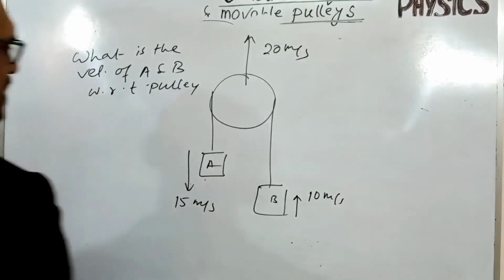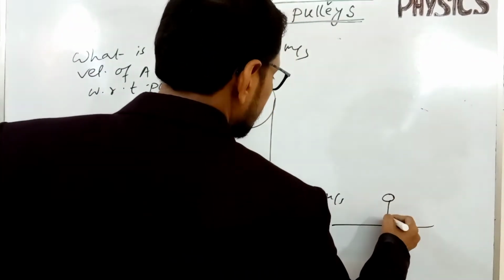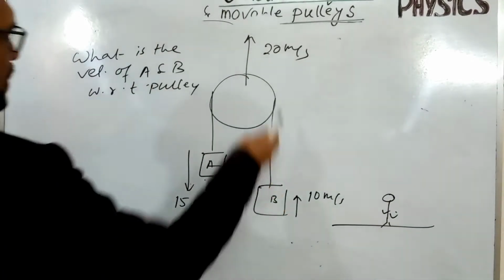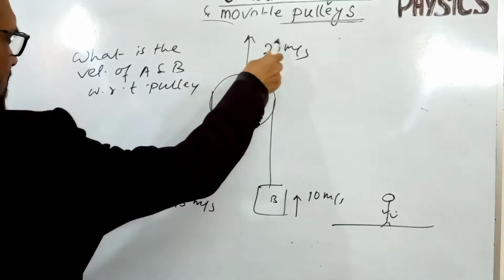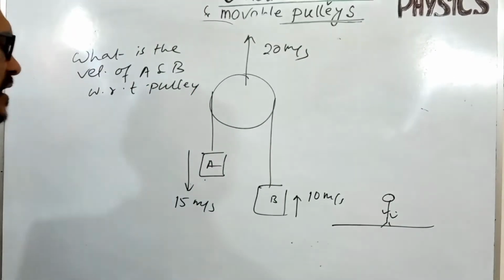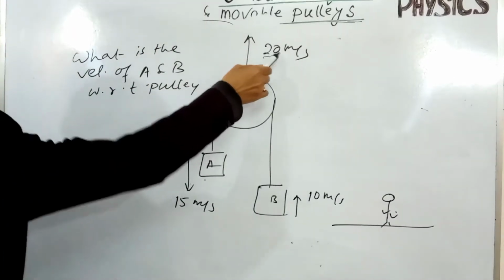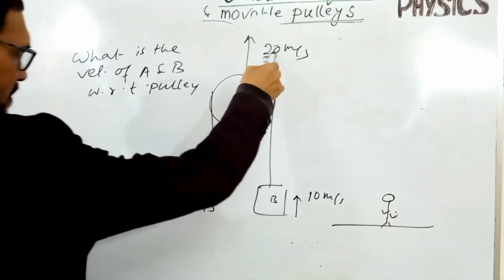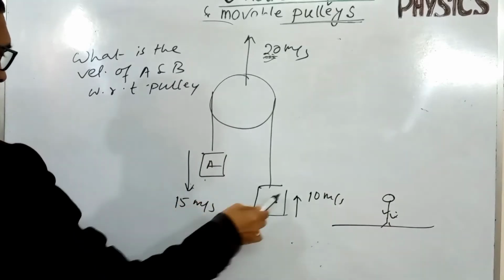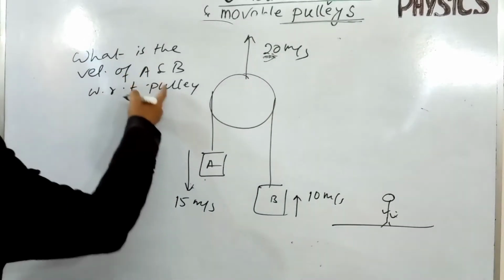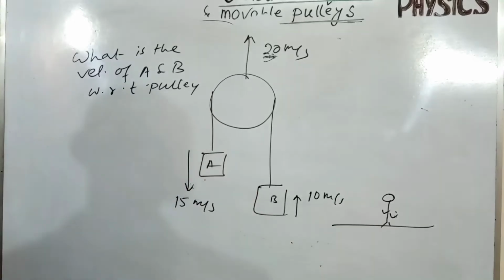So this velocity from the ground, this velocity when observed from the ground, then this is the velocity, that is this velocity are with respect to the ground. If a man observes from the ground, then with respect to this man, velocity is this. Now what is the velocity of block A and B with respect to pulley?